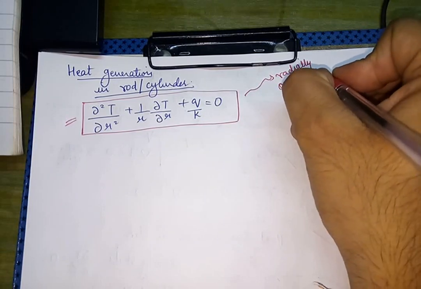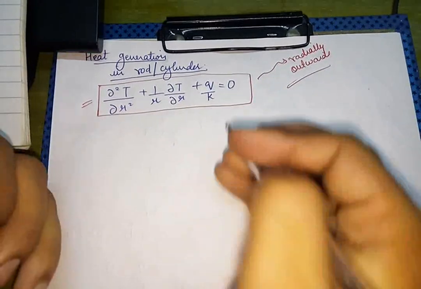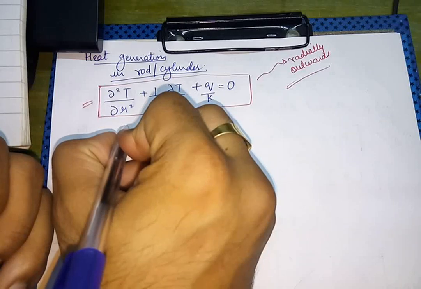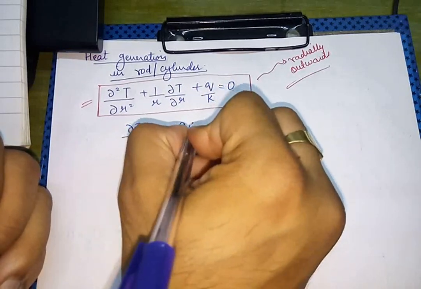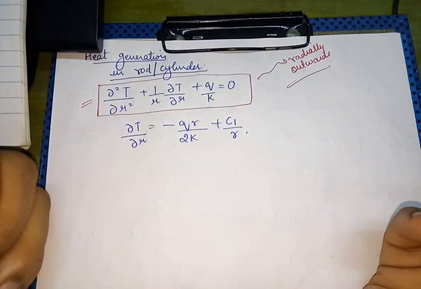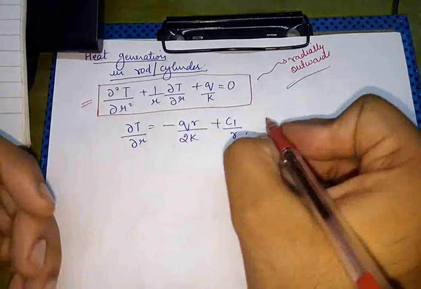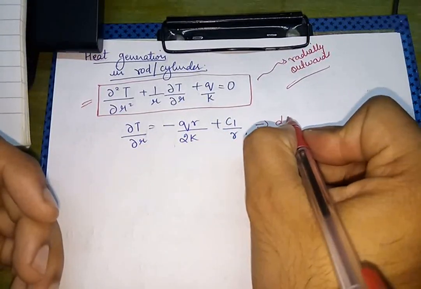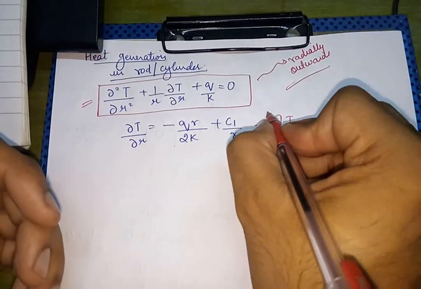Now we again integrate this equation two times. On integrating it once, we get del T over del R equals minus QR upon 2K plus C1 upon R. To find the value of R at which the temperature is maximum, we simply set del T over del R equal to 0.